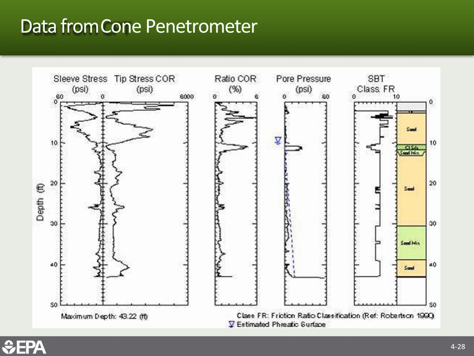In this case, you can see the sleeve stress is plotted across from the tip stress or pressure in PSI. That's converted to a ratio, and then you can correlate that with the soil behavior terminology.